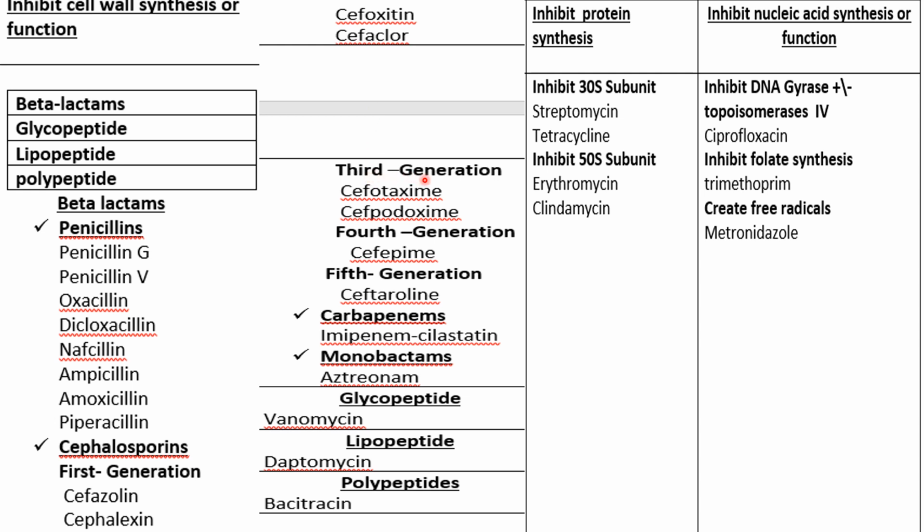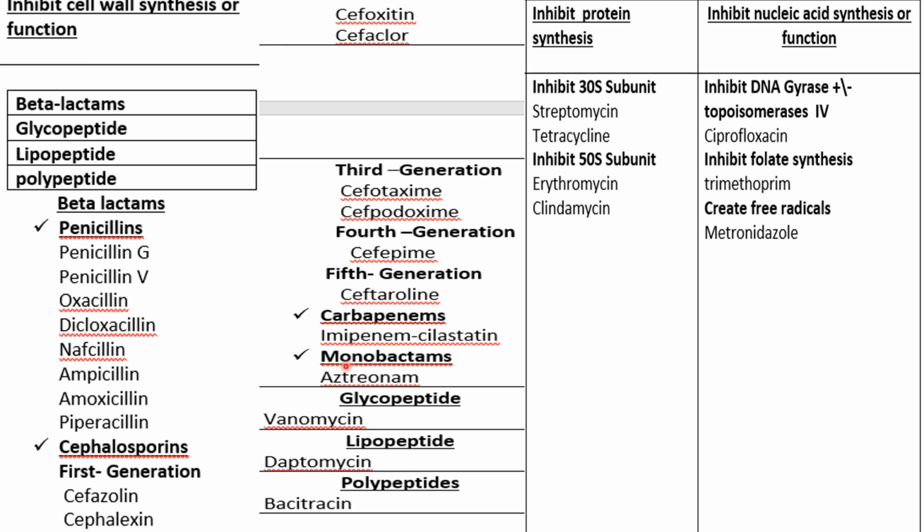Third generation includes cefotaxime and cefpodoxime, while the fourth generation includes cefepime. Fifth generation includes ceftaroline. The third group in beta lactams is carbapenems, and their example includes imipenem.